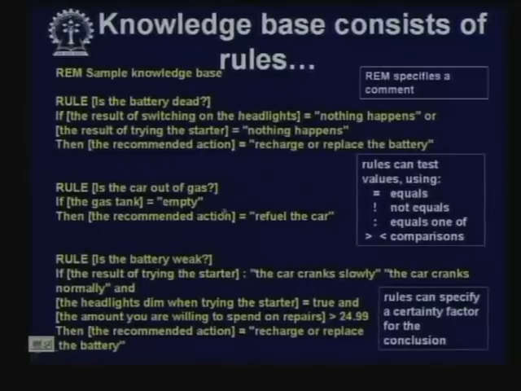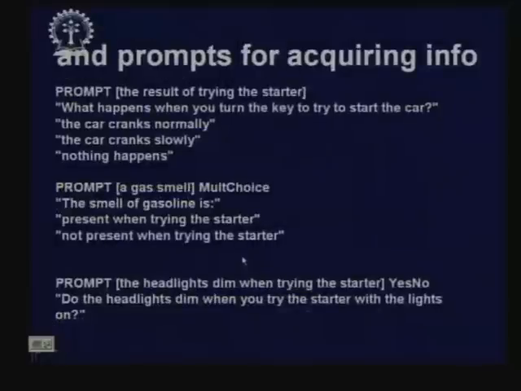In that way we can write rules, and as the system fires the rules, it also prompts for acquiring information. What sort of prompt? The result of trying the starter. What happens when you turn the key to try to start the car? The car cranks normally, the car cranks slowly, nothing happens.